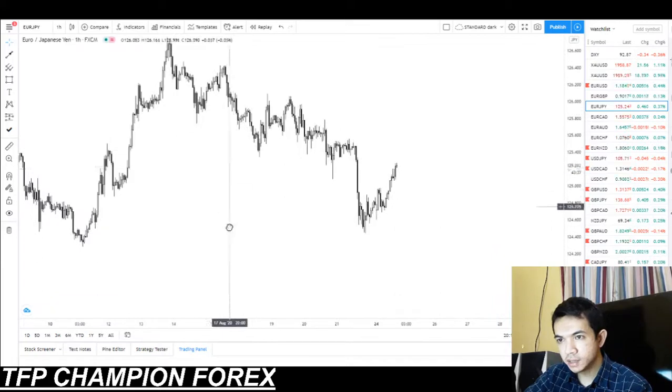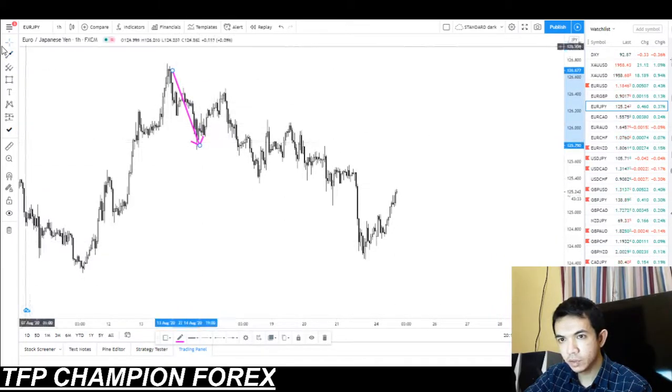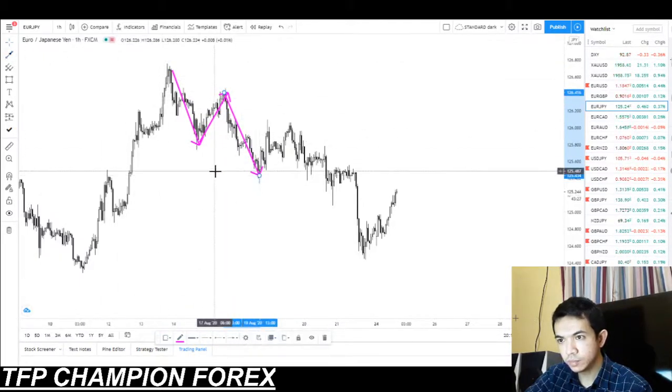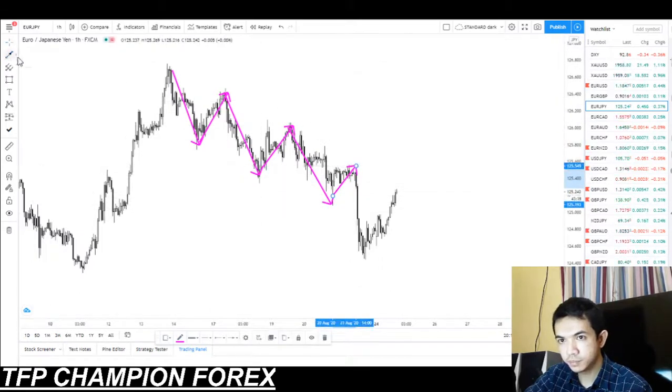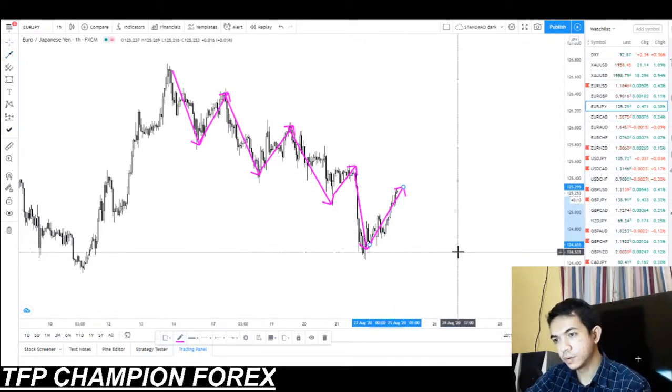The price moved low, lower high, low, lower high, low, lower high. Right? So what do you expect the market would do?